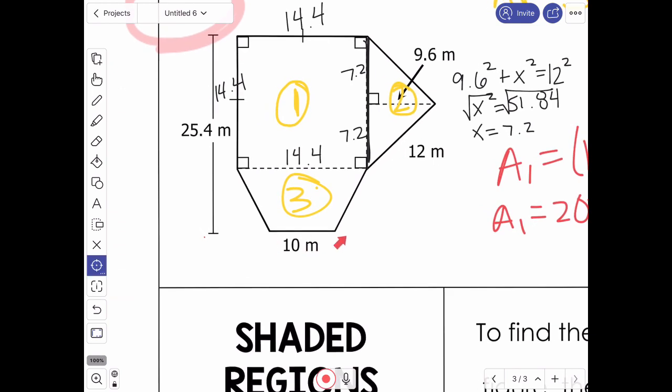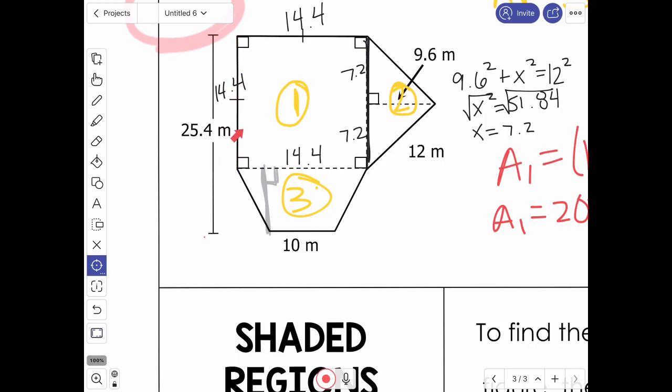Okay, so I have this trapezoid. For a trapezoid, I need my bases, so I have 10 and 14.4. But I also need my height. So if I draw in this height, my height would be about something like that, and it would have this right angle thing going on. Well, I don't know that exact height. All I'm told is the entire height of this figure, and then I figured out what just this square's height was.